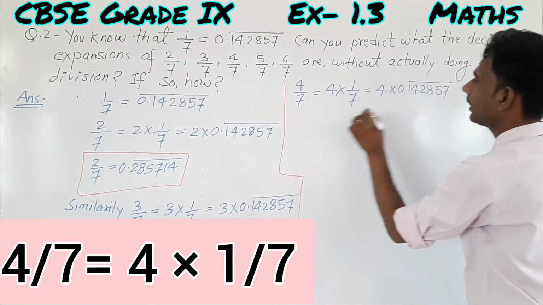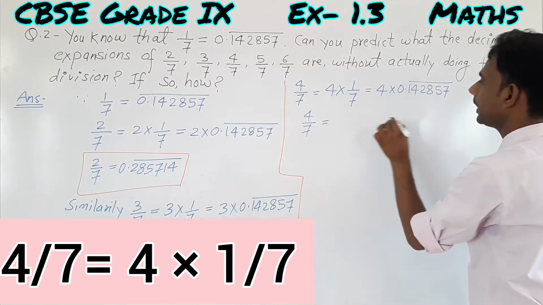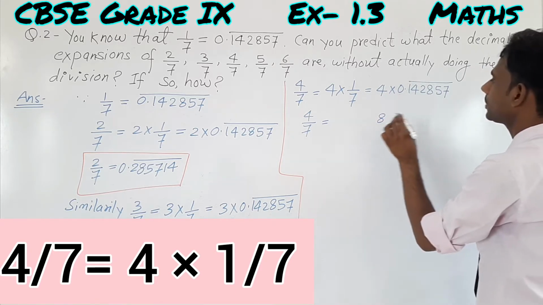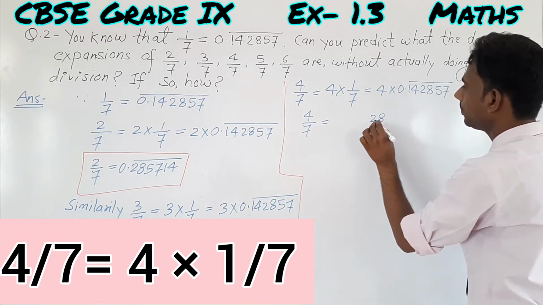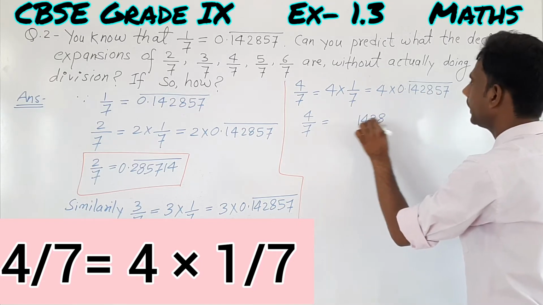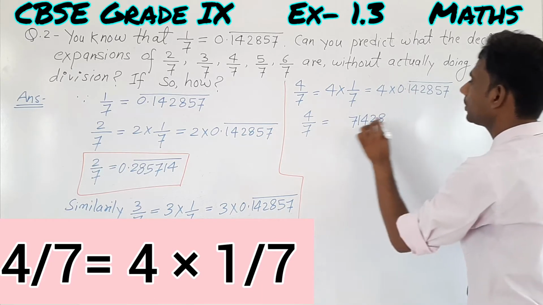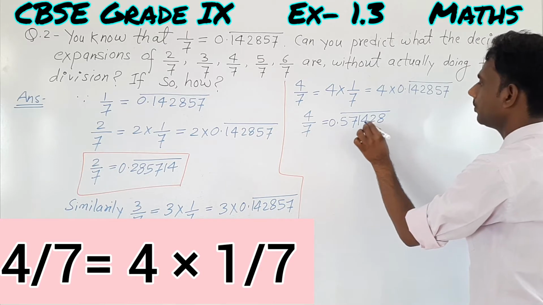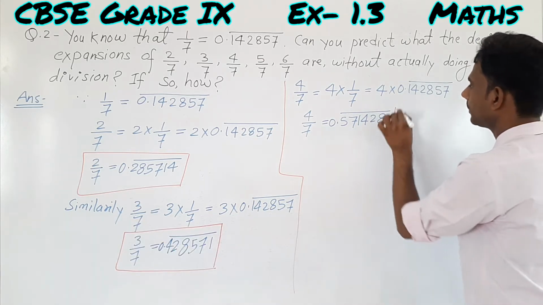Now multiply, then you get 4 upon 7. 4 7s are 28, 4 5s are 20, 20 plus 2, 22, 4 8s are 32, 32 plus 2, 34, 4 carry 3, 4 2s are 8 plus 3, 11, 4 4s are 16 plus 1, 17, 4 1s are 4 plus 1, 5, so 0.571428 bar. This is 4 upon 7.